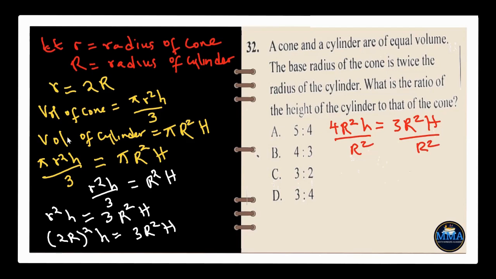If we divide both sides by R squared, this and this will cancel out, this and this will cancel out.